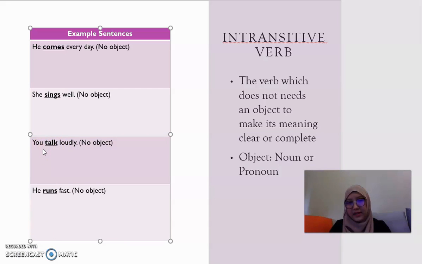Third example, you talk loudly. Talk is the intransitive verb. There's no object, and loudly is the adverb. Fourth, he runs fast. Also no object. Fast is the adverb, and runs is the intransitive verb.